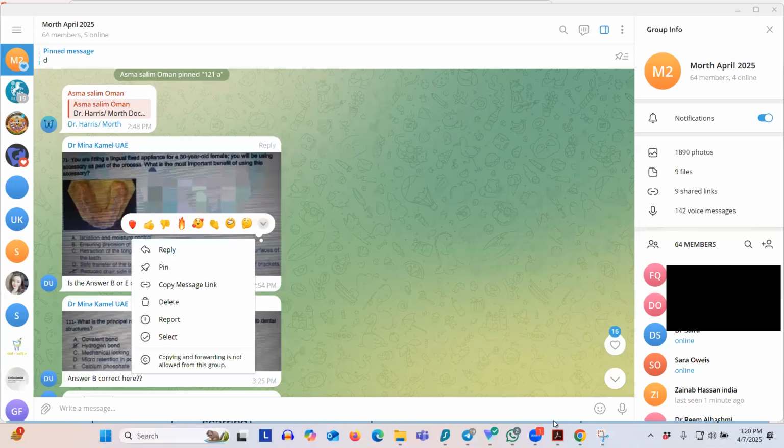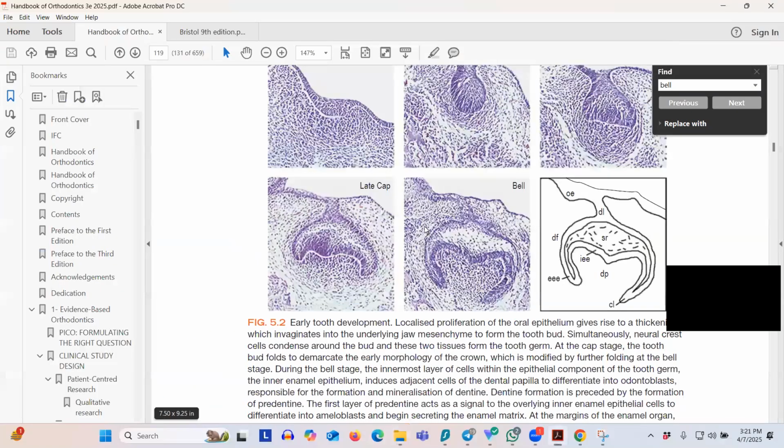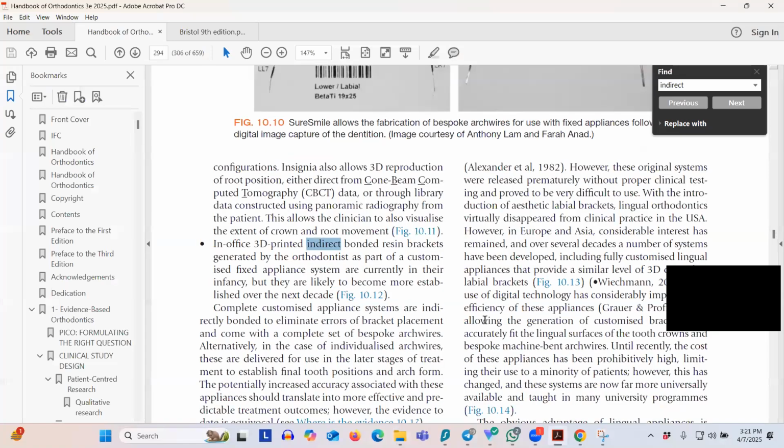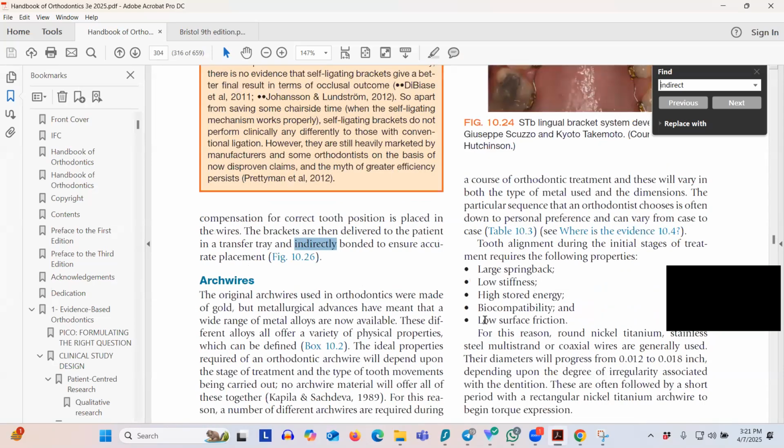I will also see what the handbook said. Okay, brackets are then delivered in the patient transfer tray to ensure accuracy of placement. Okay, that's good.